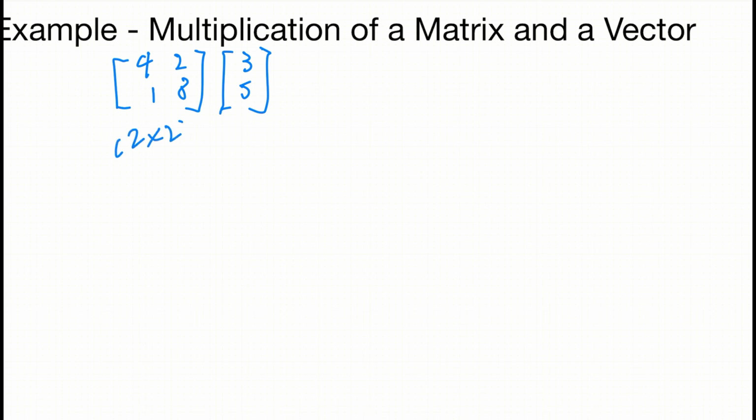In this example, we want to take the matrix 4, 1, 2, 8, and multiply it by 3, 5. This is going to be a matrix times a vector. When we have a matrix that's like a 3 by 1 or a 1 by 3 or 1 by 2 or 2 by 1, in this case we've got a 2 by 2 and a 2 by 1.